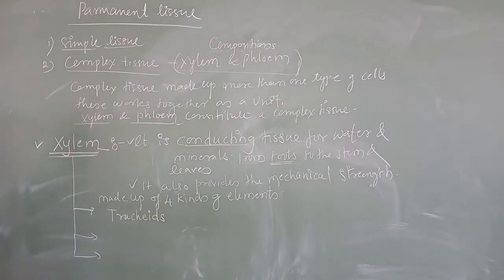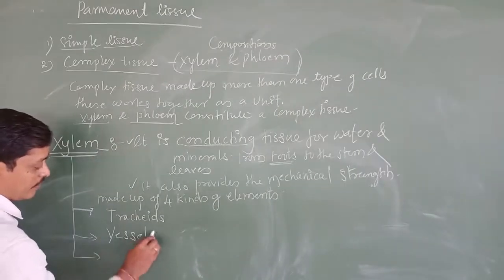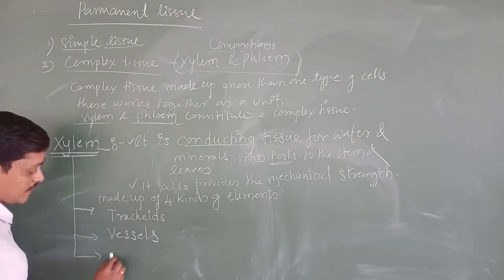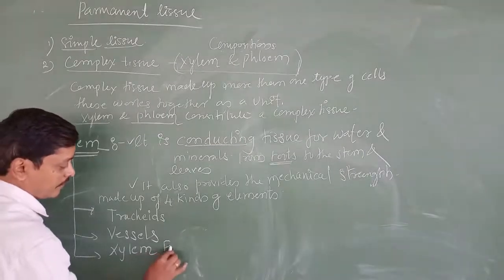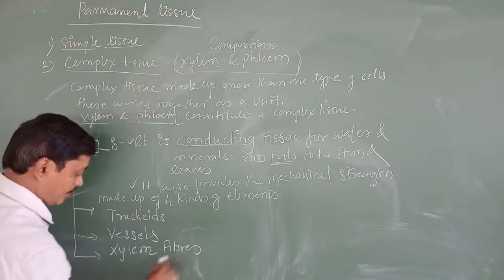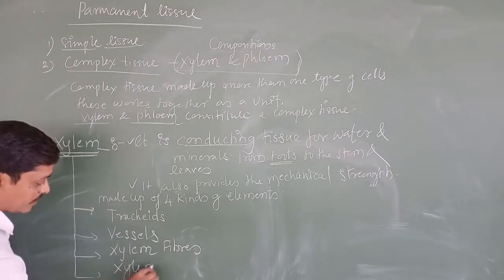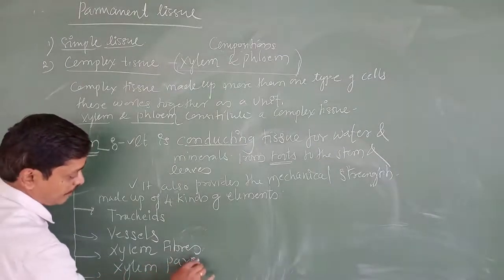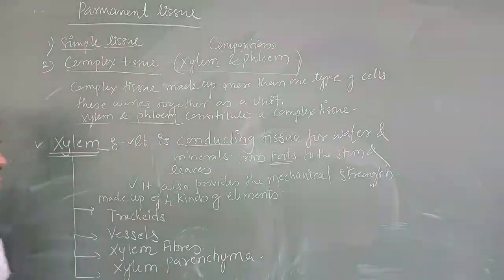First one is tracheids. Second one is vessels. Third one is xylem fibers. Fourth one is xylem parenchyma. I hope you understood what I told you here.